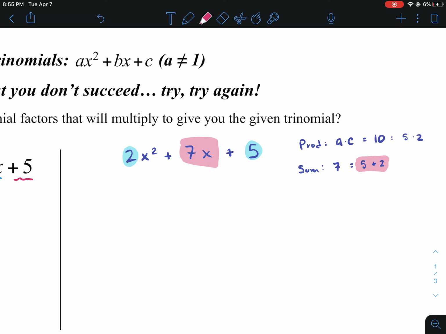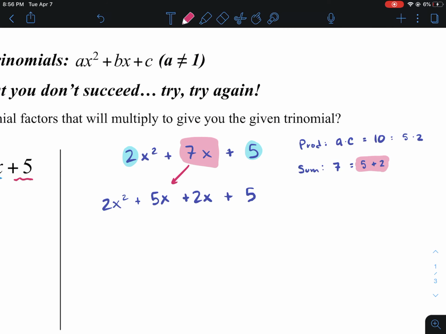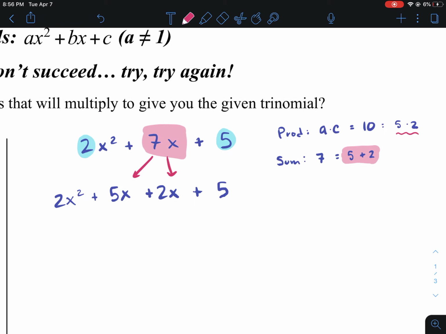So I'm going to take this trinomial and turn it into a 4-term polynomial. I'm going to write this as 2x squared plus 5x plus 2x plus 5. All I've done is take that 7x and split it up this way, because we figured out 5 times 2 using the product and sum tool.